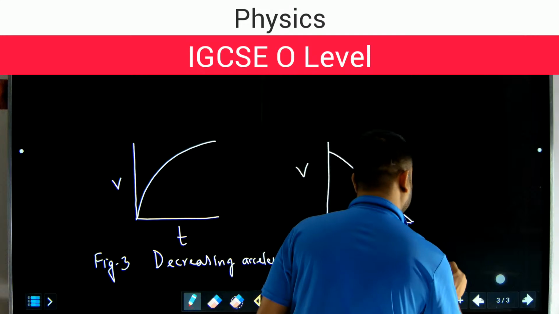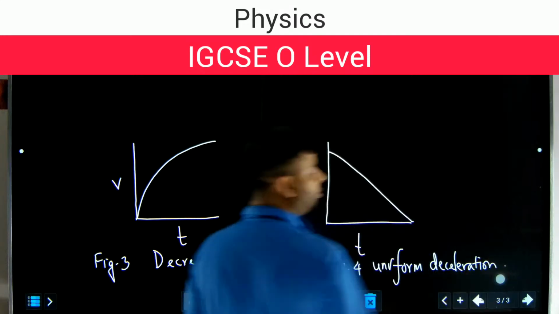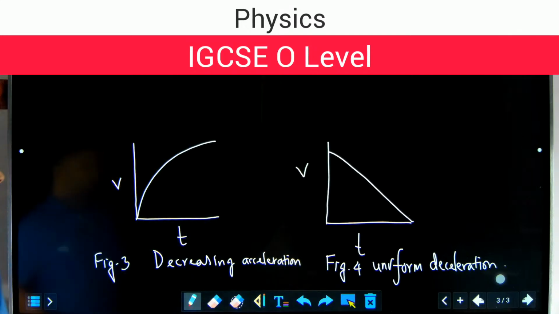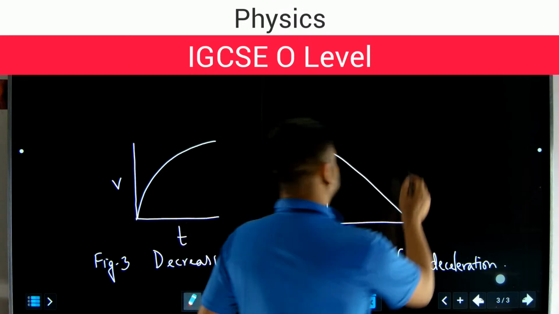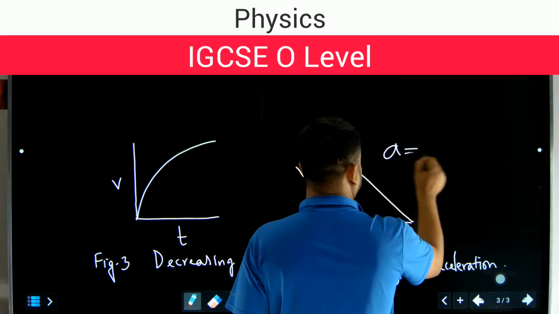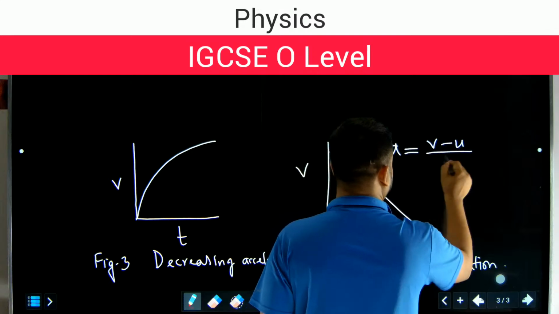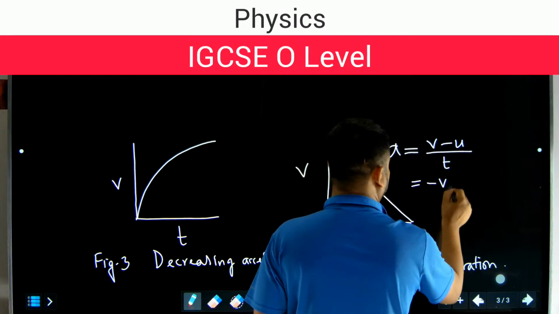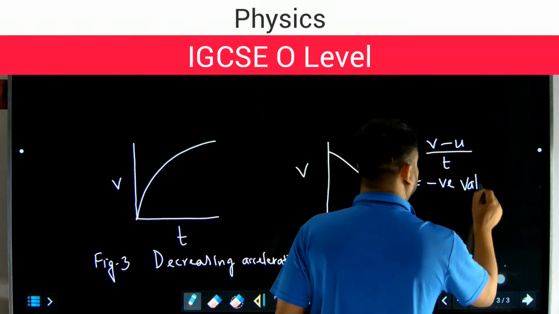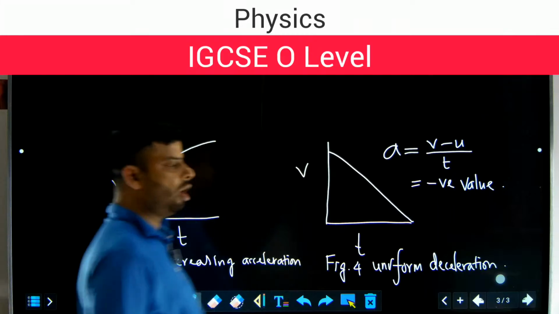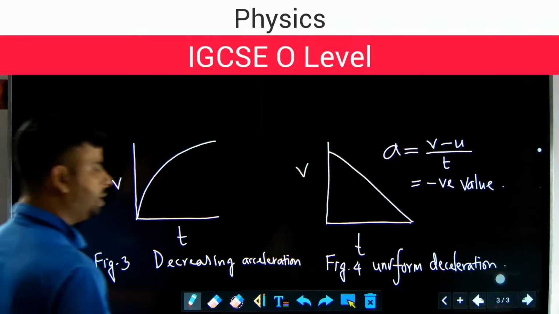If the velocity decreases, that means it is negative acceleration. So if we calculate acceleration, we get a negative value. A negative value indicates that the object is decelerating.